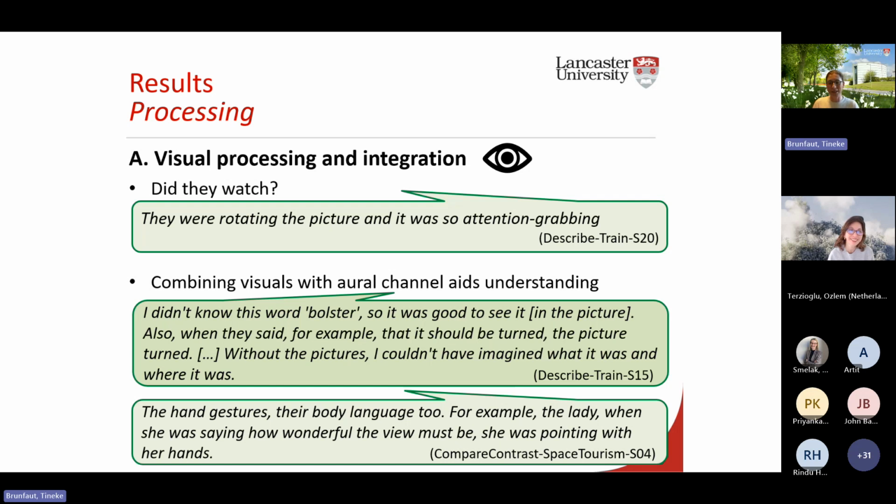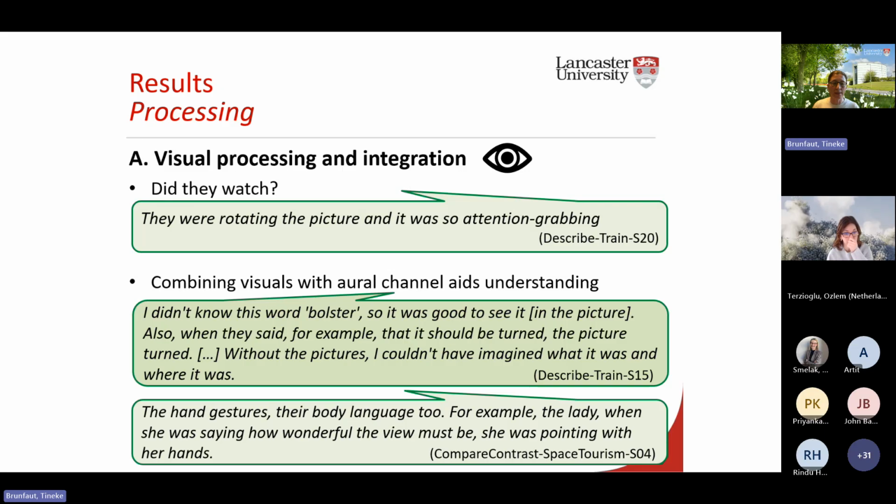Because they could have just sat down with their head down and written. But we had plenty of evidence in the data set that they had been looking. So here a test taker, for example, said about a train task, they were rotating the picture and it was so attention grabbing. So we had plenty of comments like that.